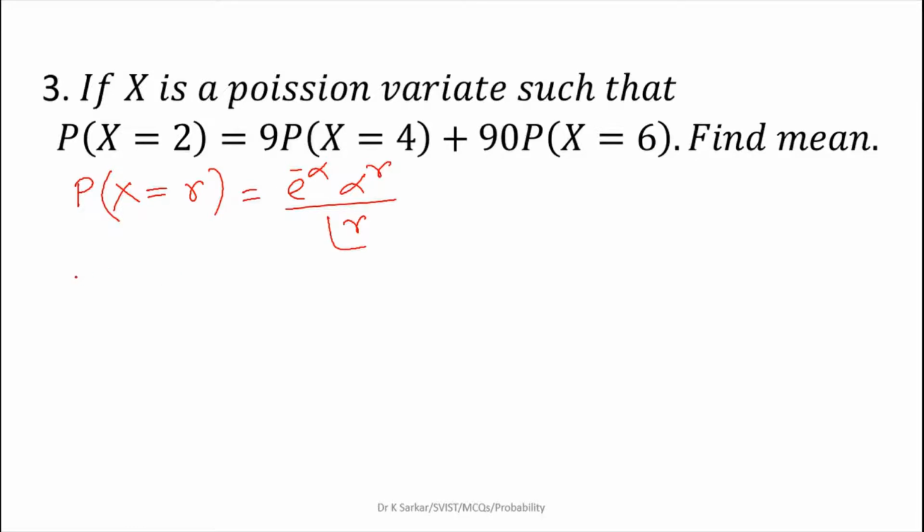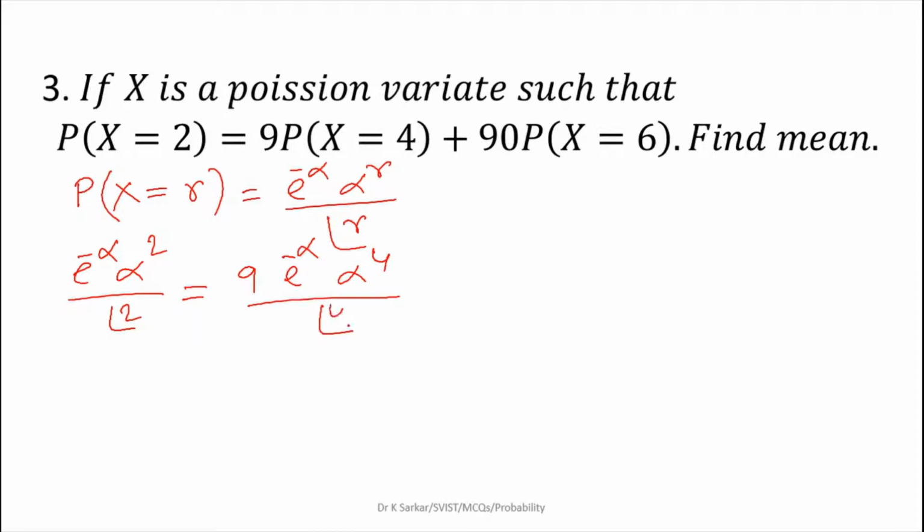So e to the power minus alpha, alpha to the power 2 by factorial 2 equals 9 into e to the power minus alpha, alpha to the power 4 by factorial 4 plus 90 into e to the power minus alpha, alpha to the power 6 by factorial 6.